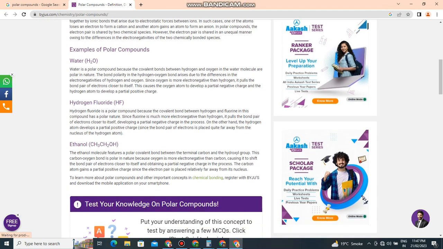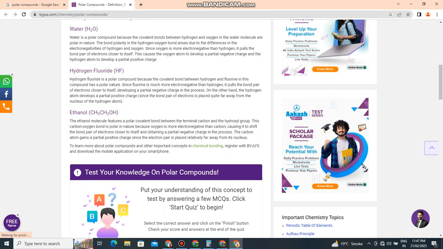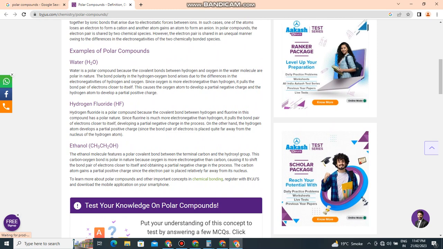Scroll down. A further example of a polar compound is water, H2O. Water is a polar compound because the covalent bonds between hydrogen and oxygen in the water molecule are polar in nature. The bond polarity in the hydrogen-oxygen bonds arises due to the difference in the electronegativities of hydrogen and oxygen.